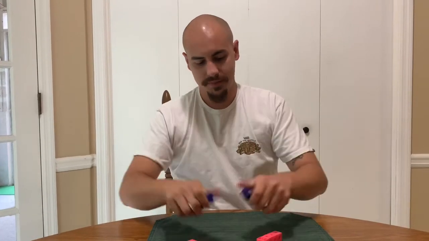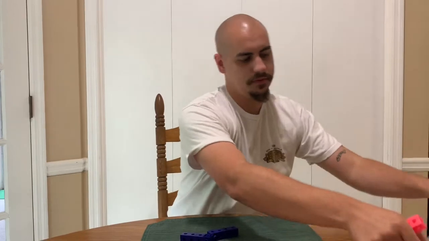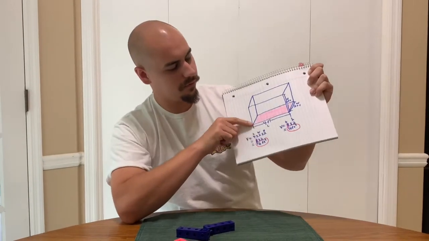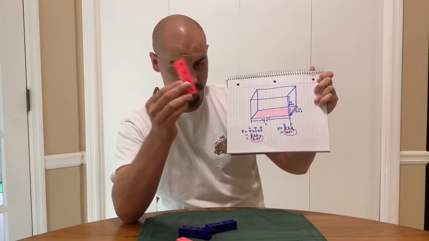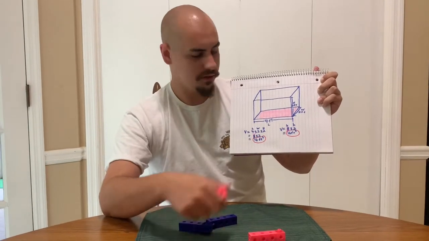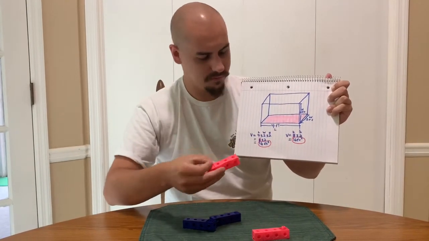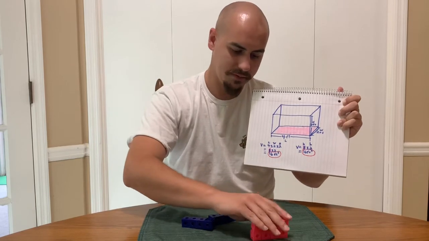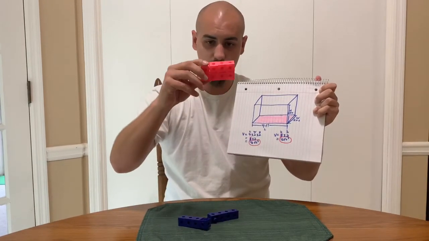So I have these right here. They have 4. So we talked about this prism right here being 4 units long, 2 units tall.